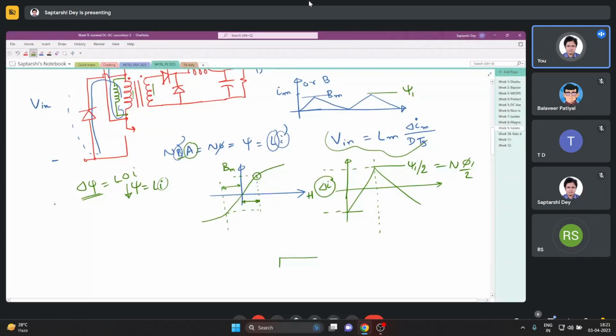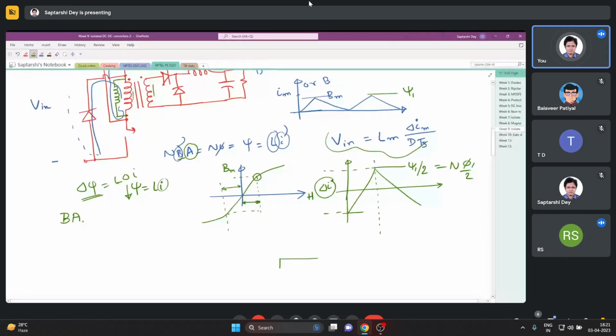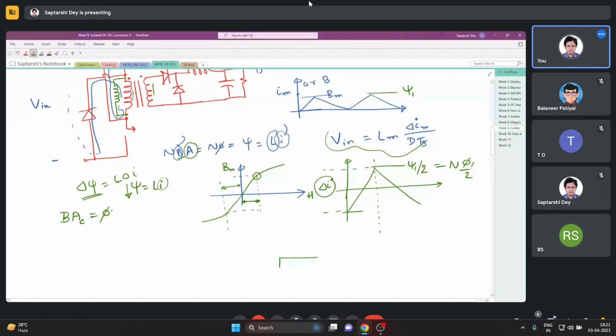So if my flux has halved, I can make the area of the core half, keeping the B same. B max is a material property, how much I can go. So we can have a smaller core because the core is now much more utilized. Flux is being pushed in both directions, positive and negative.